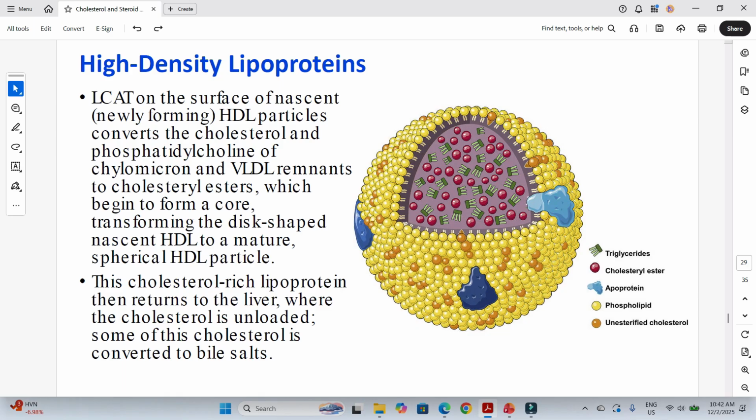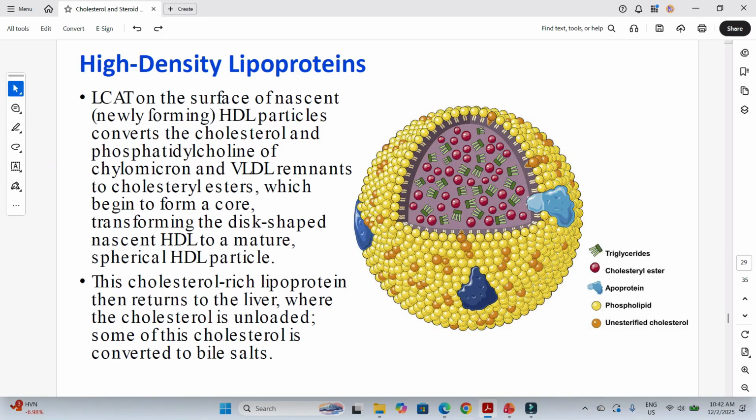So the LCAT converts the cholesterol and phosphatidylcholine of chylomicrons and VLDL remnants to cholesterol esters, which begin to form a core in the interior of the HDL, transforming the disc-shaped nascent HDL to a mature spherical HDL.